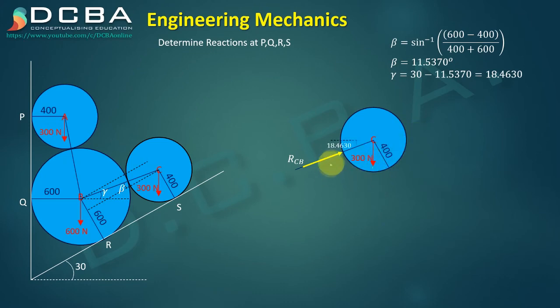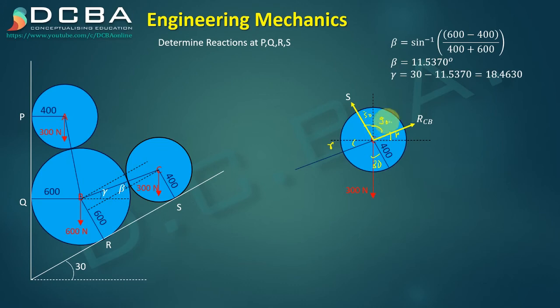RCB is there. This angle is gamma. I have to take all the tail of the forces to this point S. So this is gamma. This is 30.